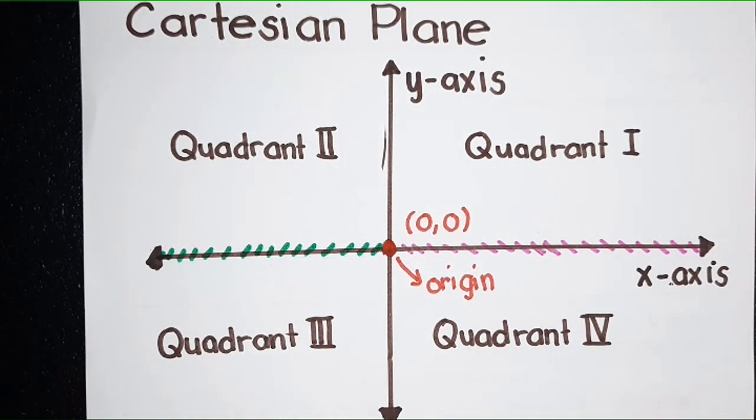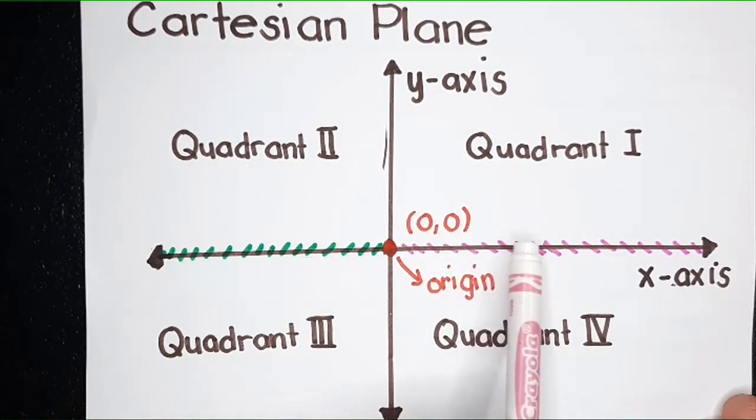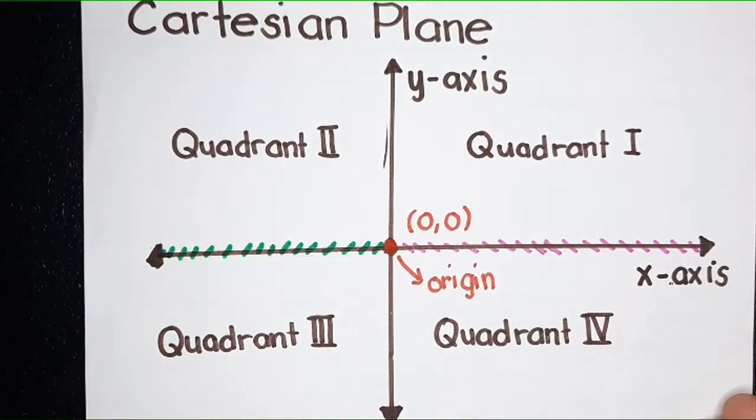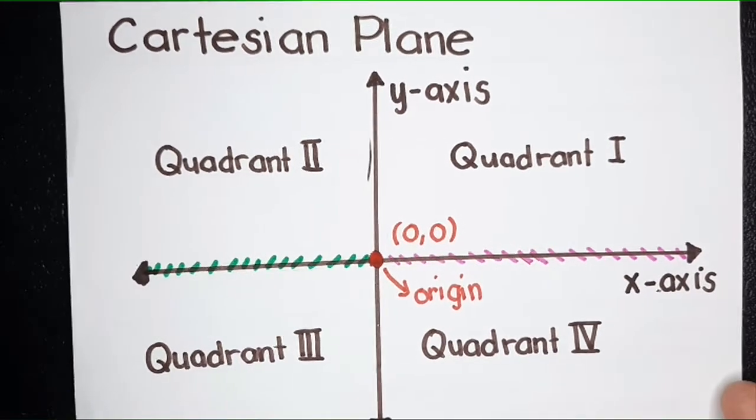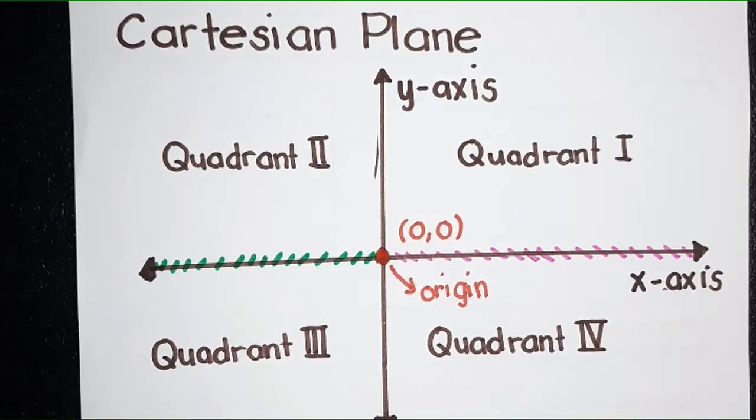So, ang ibig sabihin ng positive x-axis at negative x-axis, nandito yung mga positive values of x ninyo. And then on the other side, nandun naman yung mga negative values of x ninyo. Same goes with the y-axis.